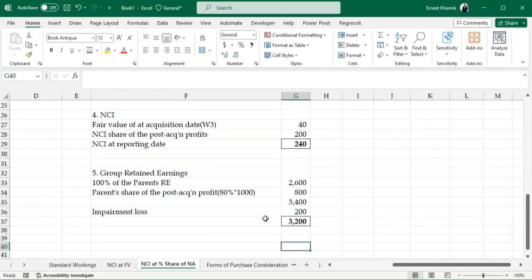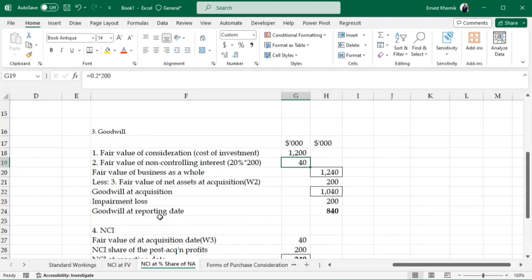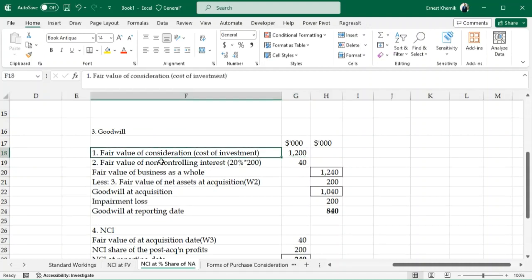On this note, I hope you have learned the basics. Now, as I said, when it comes to goodwill calculation, the complication comes when we are measuring this particular fair value. The fair value can come in various forms.